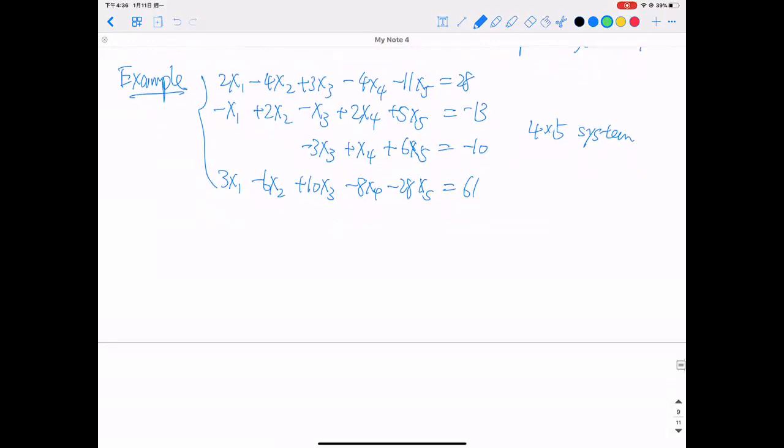So in order to solve it, the first thing to do is to write down the augmented matrix. That's the easiest thing that we need to do. You extract the coefficients and the constants and line them in the correct places.